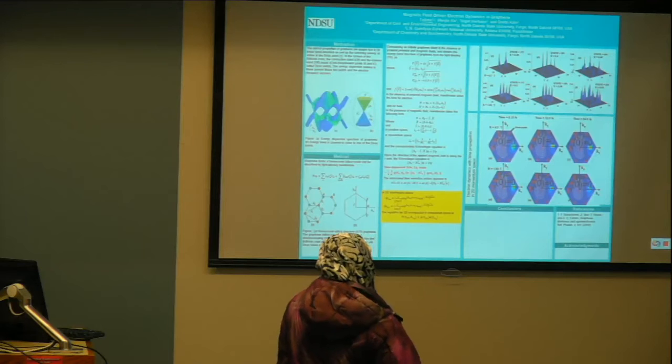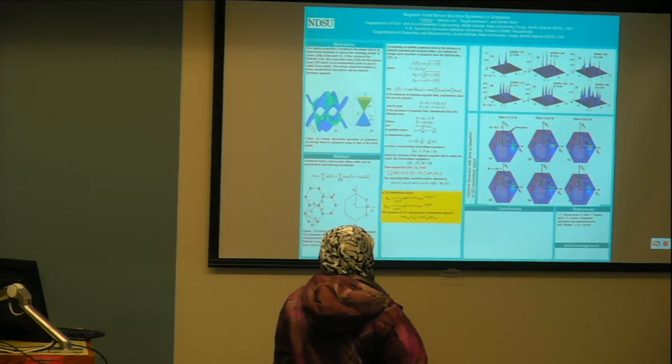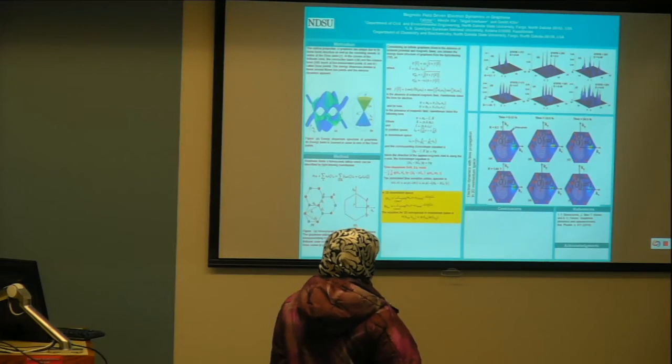This enters the general solution with weight coefficients. These weight coefficients are obtained by the overlap between the initial state, time equals 0, and a certain eigenstate.